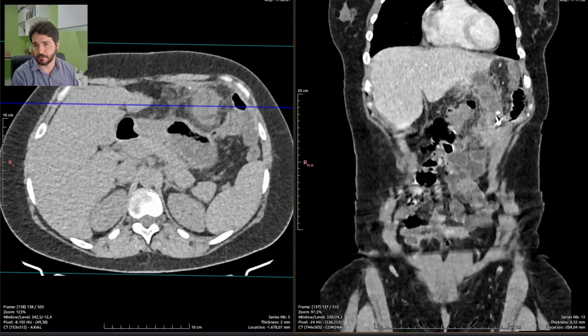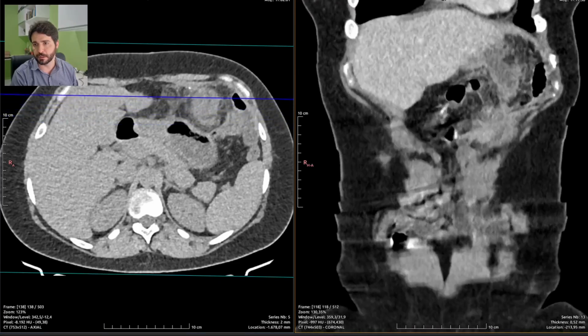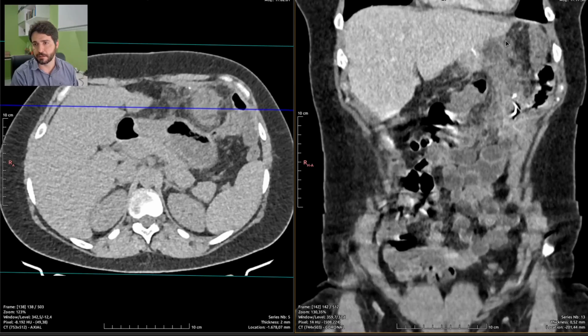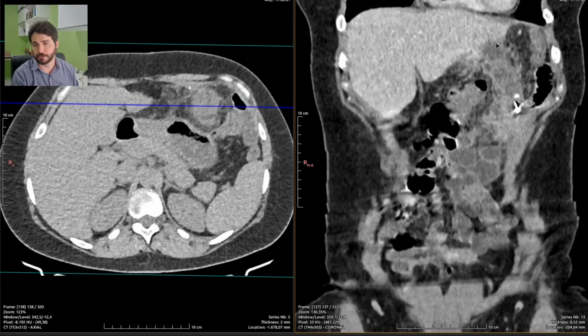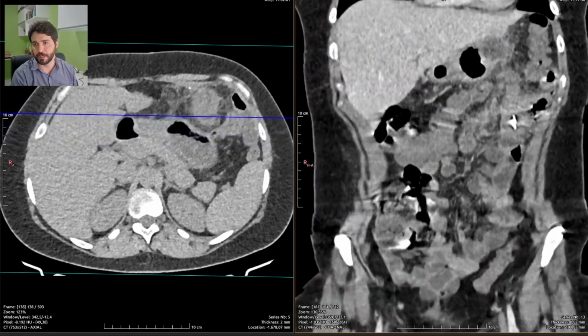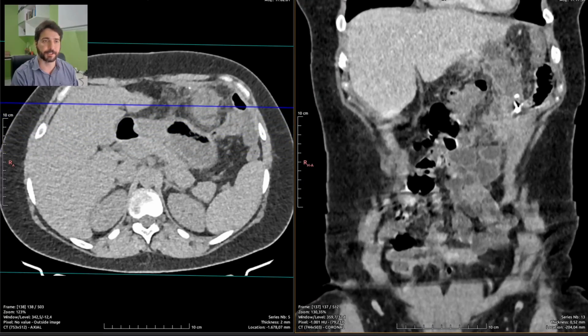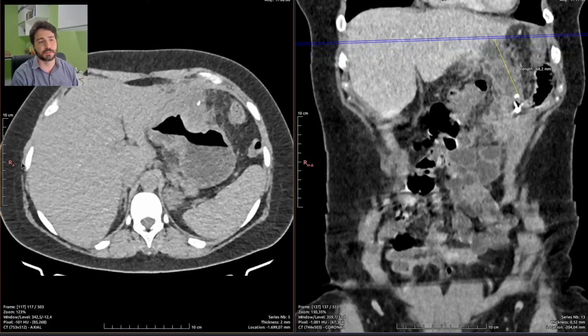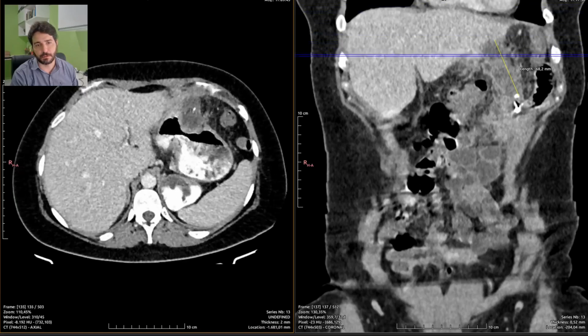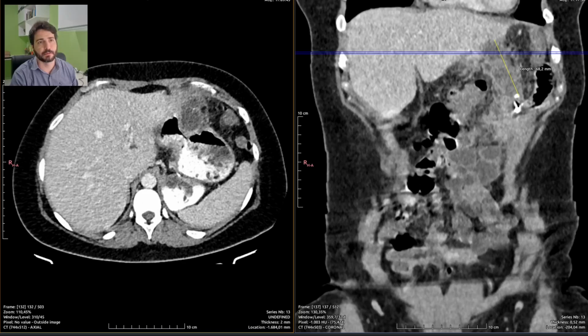See, this is an awful looking exam, but we can tell there is a thickened, irregular walled fluid collection in the abdominal cavity on the left upper quadrant that goes from the bowel to the gastric fundus to the gastric pouch anastomosis, and it measures about 68 millimeters on one axis and about 54 on the other. So 54, 68, this is more than enough.